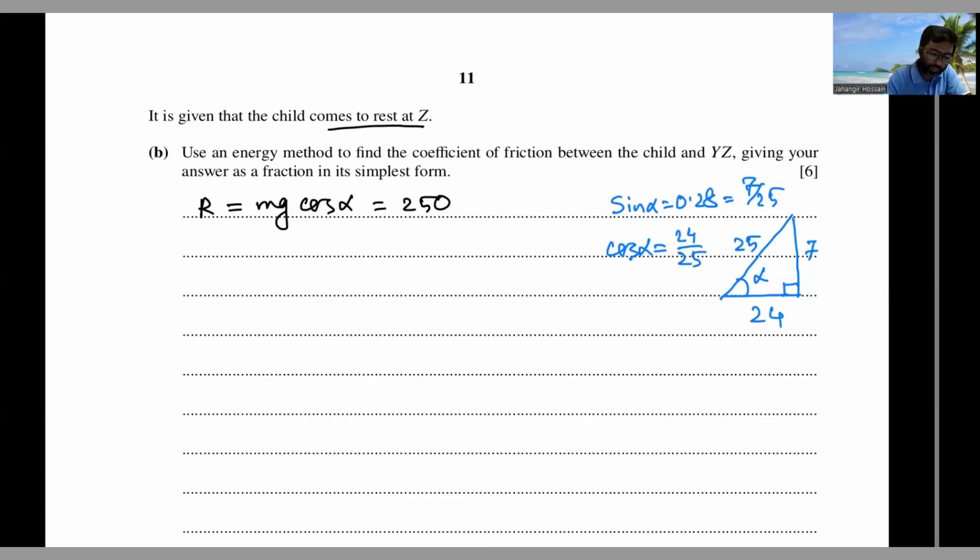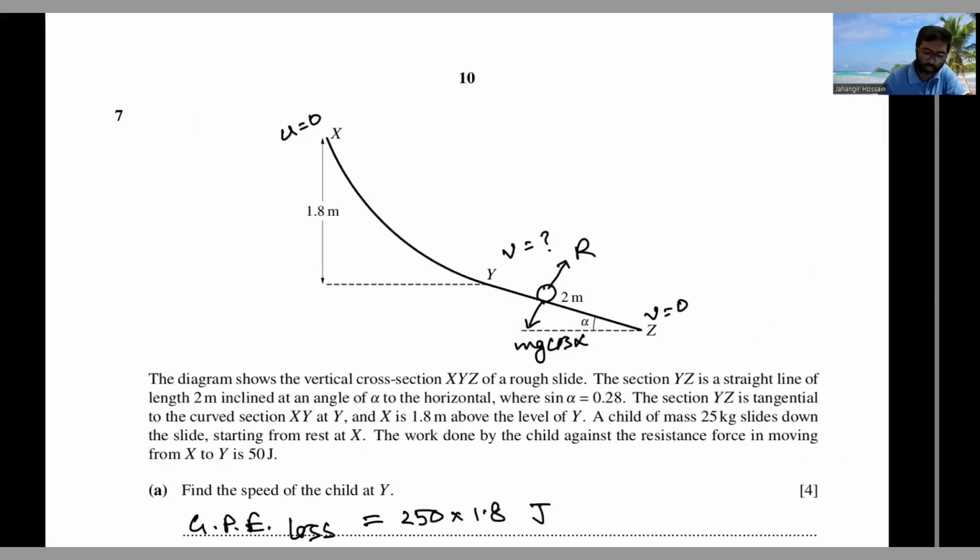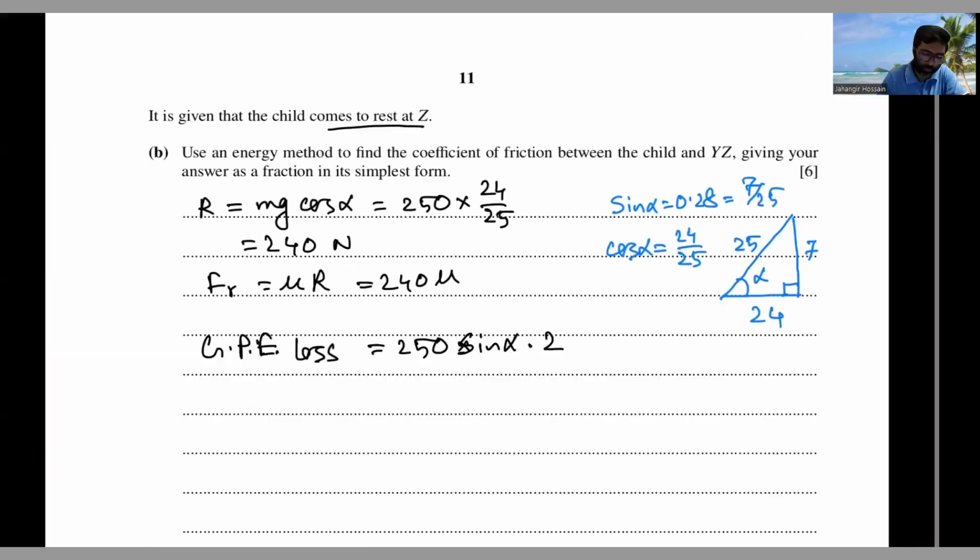Now we have cos alpha as 24 by 25, so R is 240 newtons. Then friction is 240 mu. GP loss equals 250 into sin alpha into the distance along the inclined plane, which is 2.